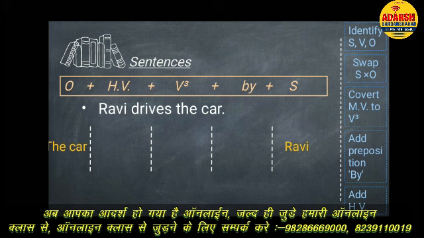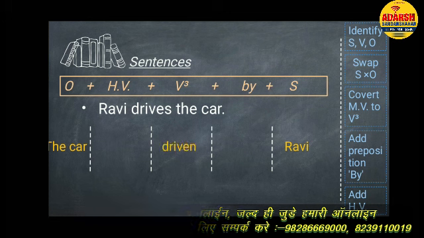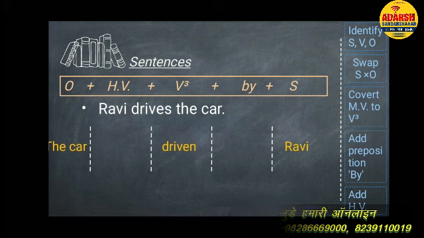Okay. Now, third step, convert main verb to verb's third form. Here, our verb is drives and its third form is driven. So, we put here verb's third form driven, which is past participle. Now, fourth, add preposition by.